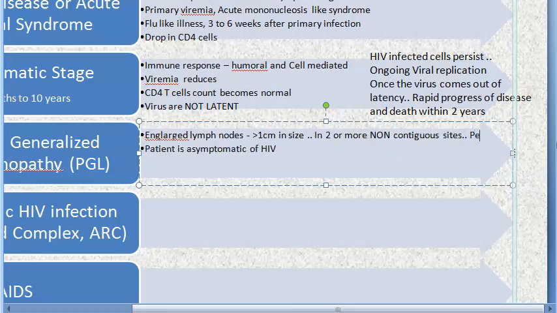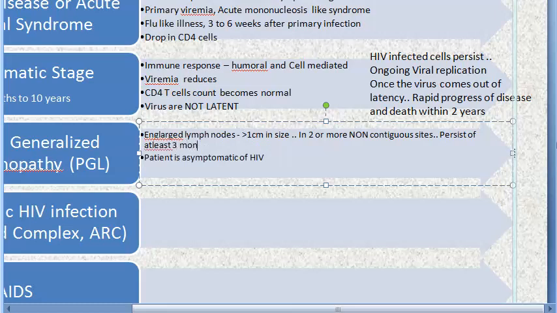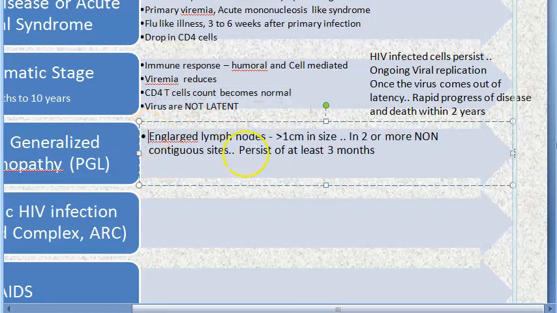And this enlargement persists for at least 3 months. So did you understand PGL? PGL means the patient is asymptomatic, but the lymph nodes are enlarging.